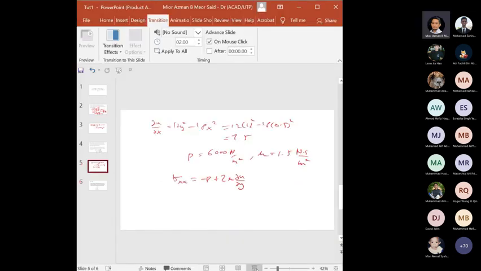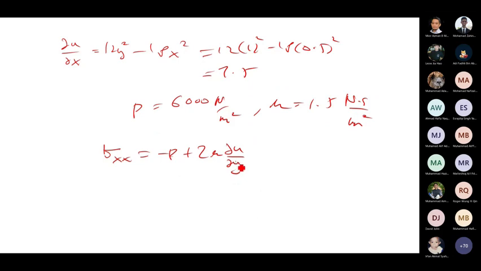Pardon me, partial u, partial x, sorry. You put all the values there: negative 6,000 plus 2 times 1.5 times 7.5. What do you have?